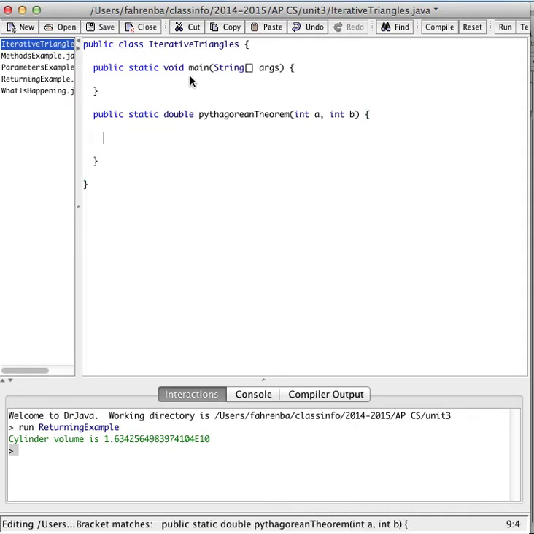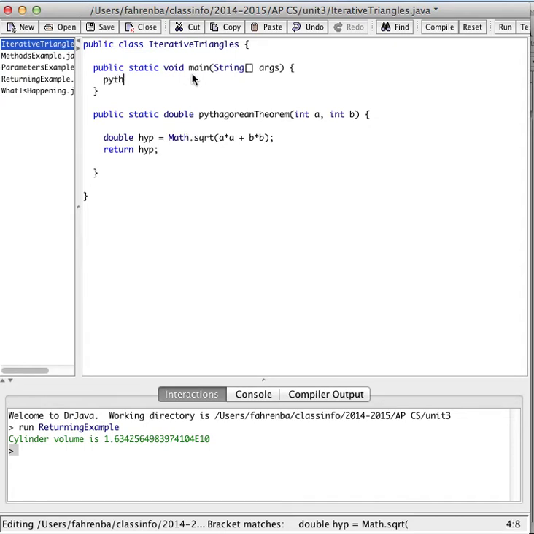What we did before was, to get the hypotenuse, we would do the square root of a squared plus b squared, because that's the length of the hypotenuse, and we're just going to say that's a result.